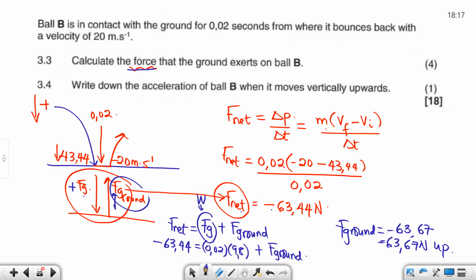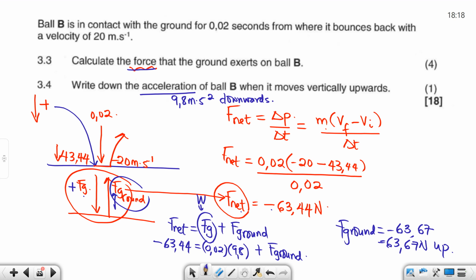Anyway, write down the acceleration of the ball when it moves vertically upwards. Is it negative? I just told you. Don't change the direction. Once you say downward is positive, if the ball goes back up, don't change the acceleration. What's our answer? 9,8 meters per second squared, and it is still downwards.